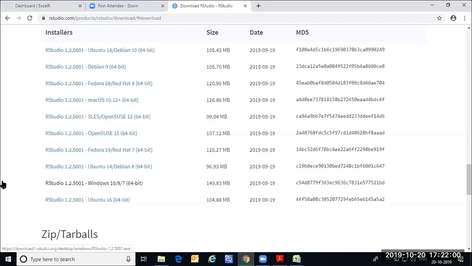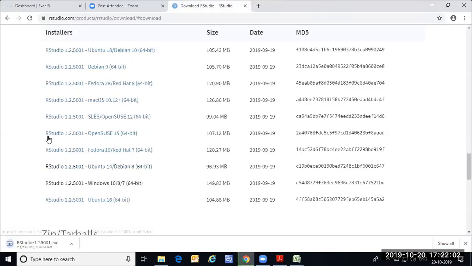Just click on this Windows 10. It starts downloading for you. Once it is downloaded, again the same step: a very simple and easy installation wizard. Next, finish. Clear?